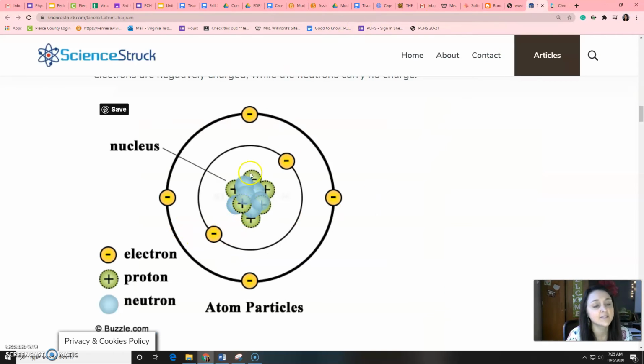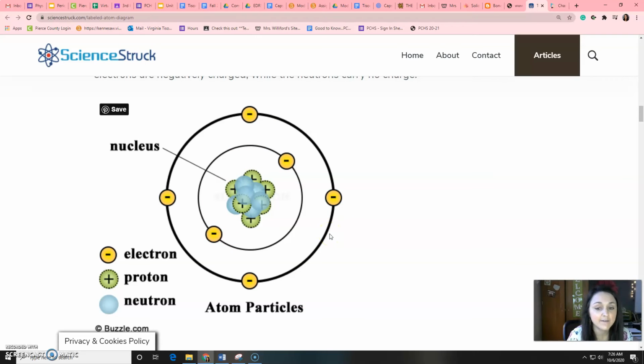We have positive protons, we have negative electrons on the outside in the electron cloud, and we have neutrons that are neutral. All right, so we want to look at if this whole atom had a -2 charge. Right now we have a neutral charge because we have 1, 2, 3, 4, 5, 6 protons and 1, 2, 3, 4, 5, 6 electrons.